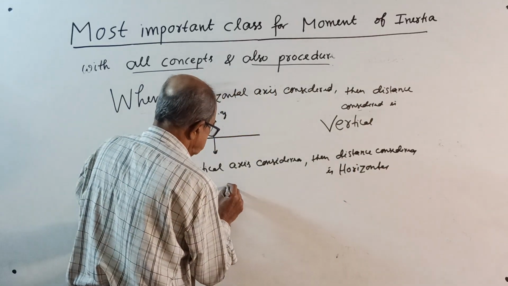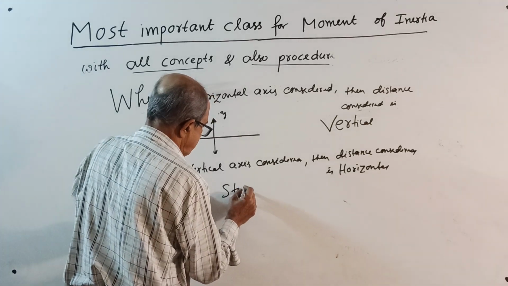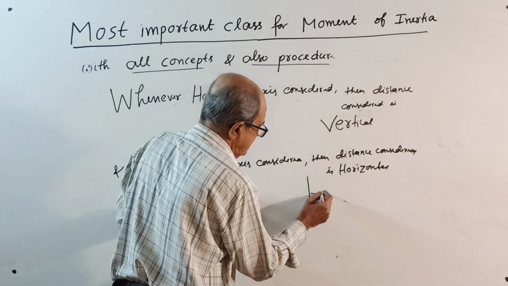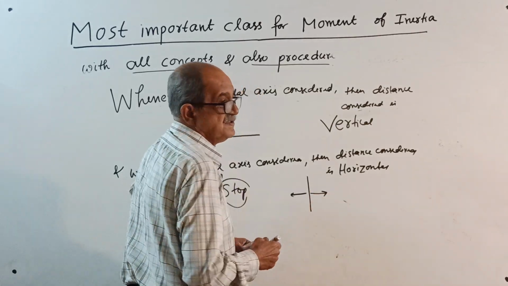Yes, I am going to stop this one now; further I will not tell. Vertical axis means this way or this way, horizontal distance.